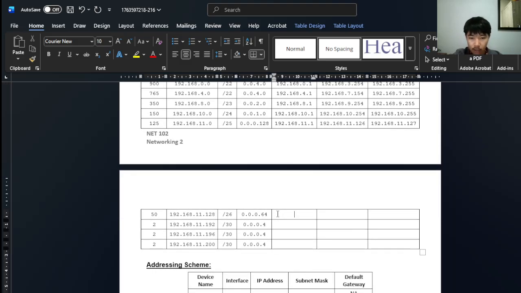The next one is increase again by 1, 192.168.11.129.